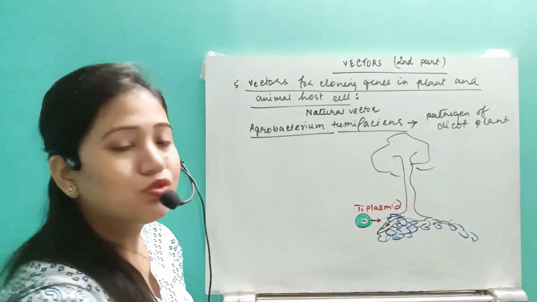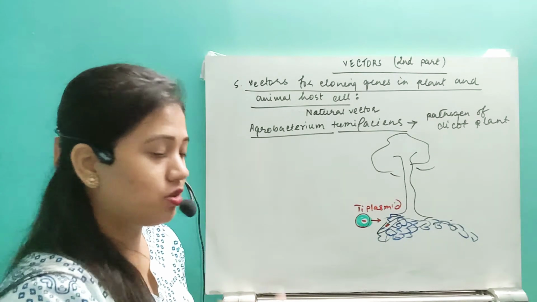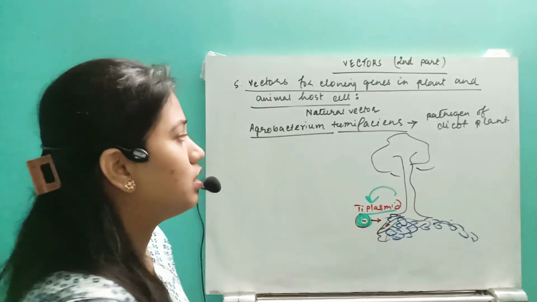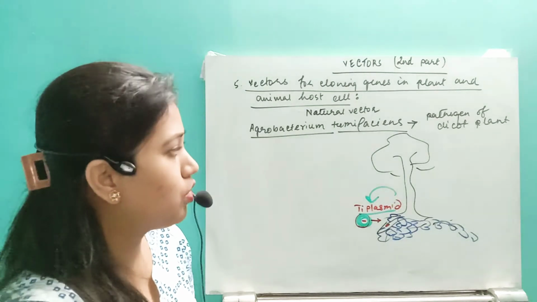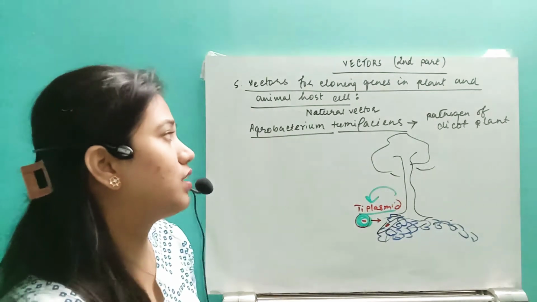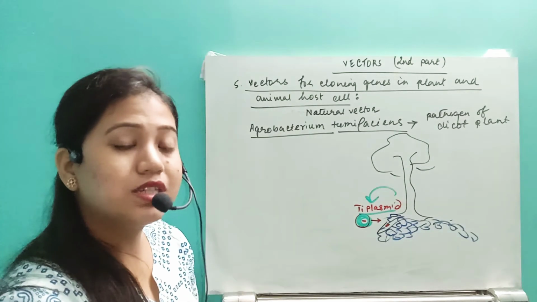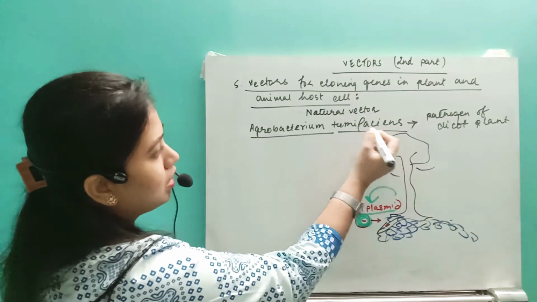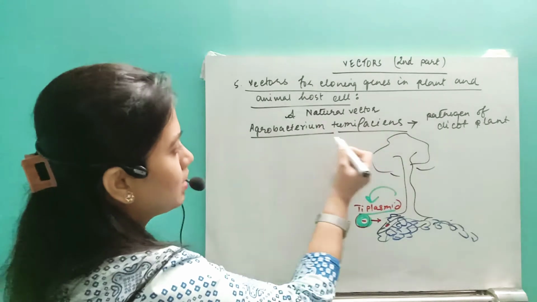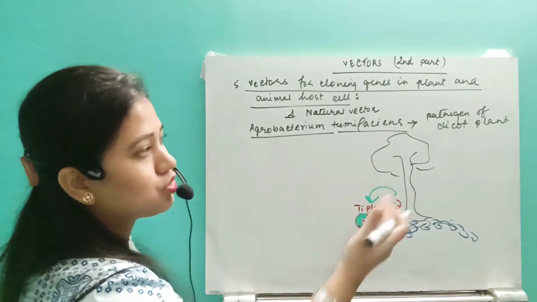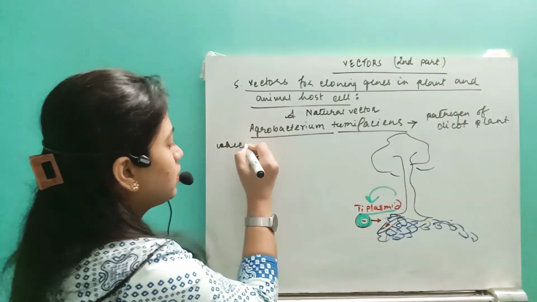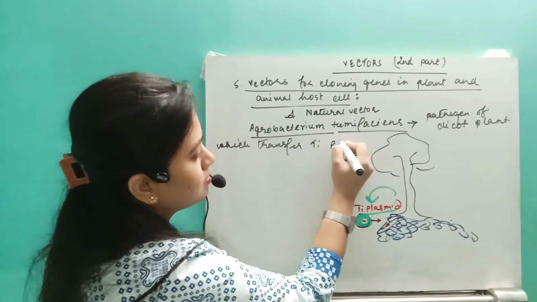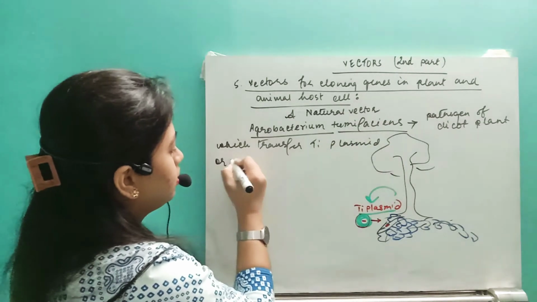Because the root cells affected by Agrobacterium tumefaciens will start to release some chemicals which are needed by it. So remember, this natural vector, Agrobacterium tumefaciens, has one very unique characteristic: it is a pathogen of the dicot plant which transfers the Ti plasmid, or tDNA.